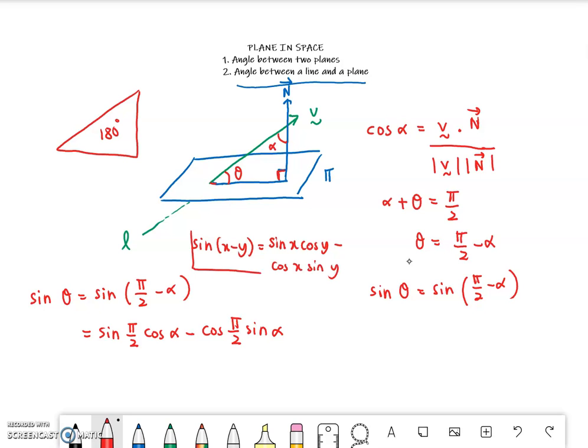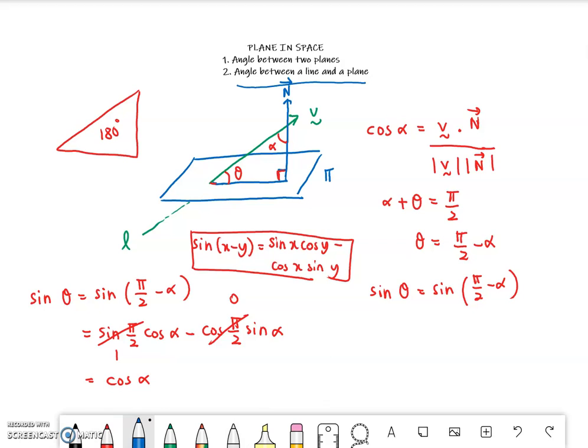Sine pi over 2 is equal to 1, and cos pi over 2 is equal to 0. So what is left is that sine theta will be equal to cos alpha, because the other term will be 0.